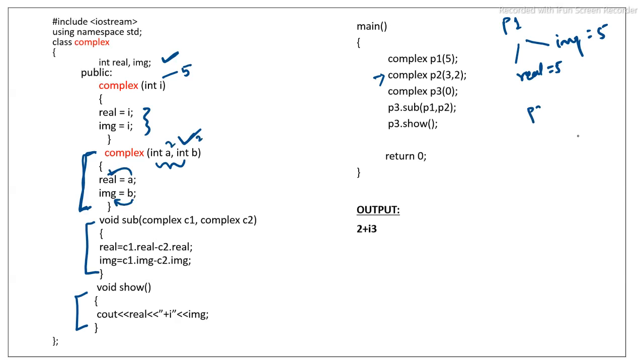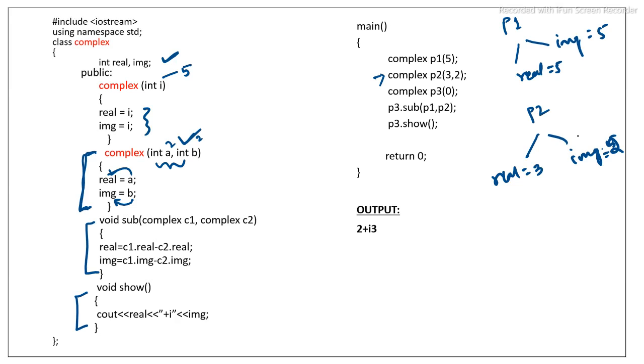So for the object P2, real equal to 3 and imaginary value equal to 2 are initialized. Then the third object, P3, is created.